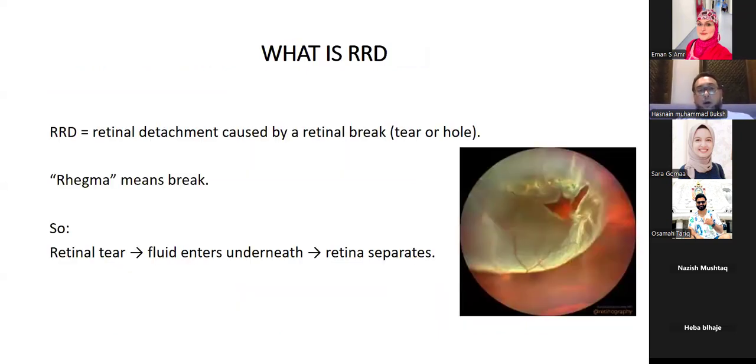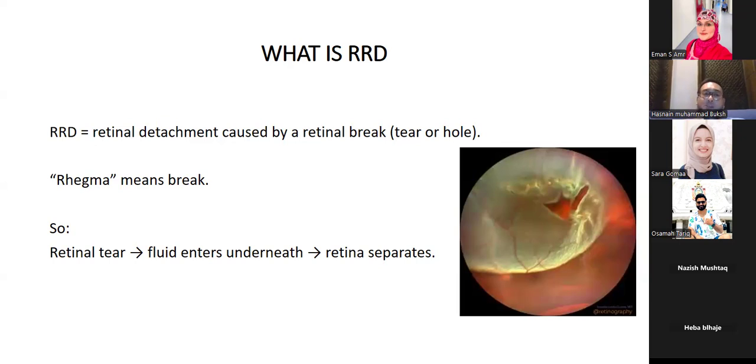So, for my junior colleagues, what is RRD? RRD is a rhegma, a break, which is created in the neurosensory retina. As a result, the fluid which is in the vitreous seeps through that break and separates the neurosensory retina from the pigment epithelium.